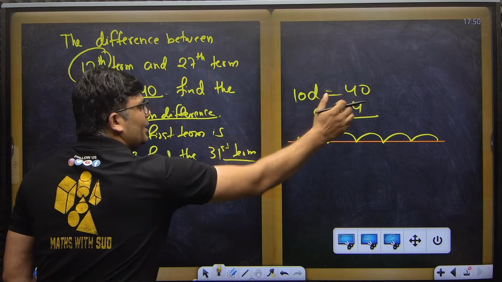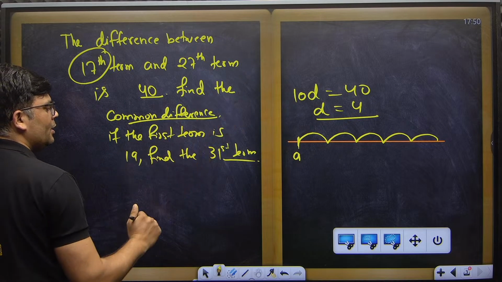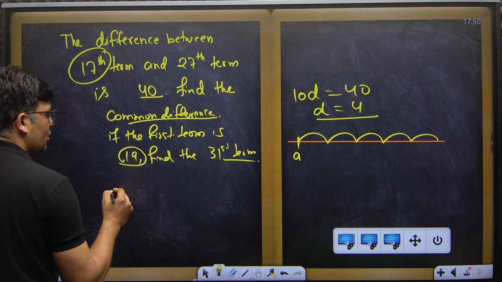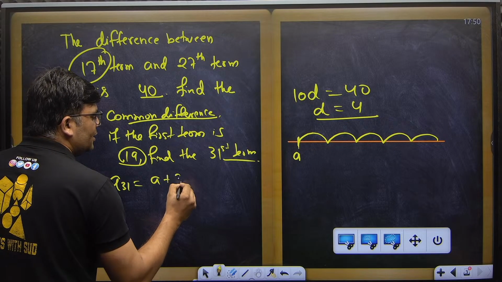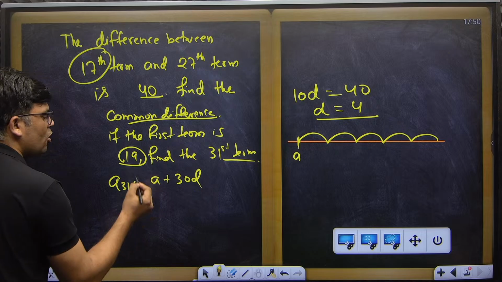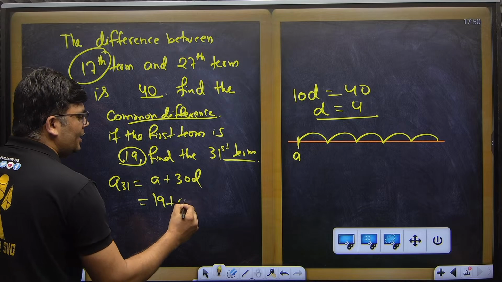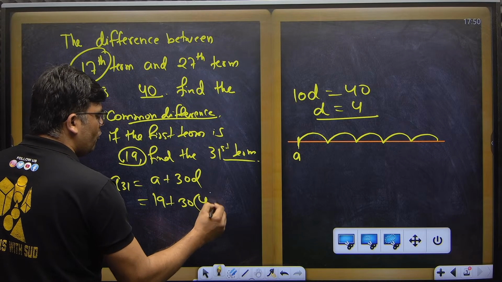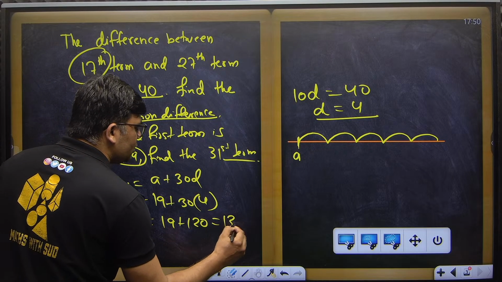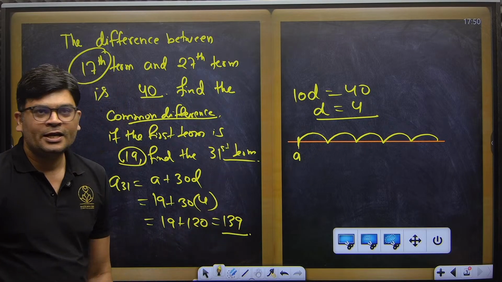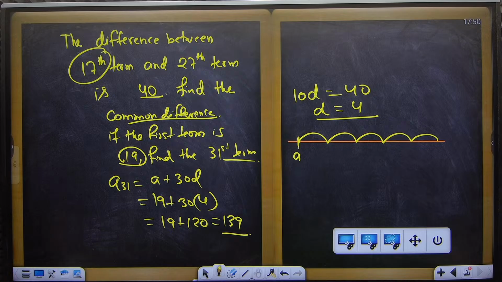So you got D. What is the first term? 19. So A31 is going to be A plus 30D. A is 19, and 30 times D, which is 4. So it is going to be 19 plus 120, which is equal to 139. Is that clear to everyone? Yes, sir.